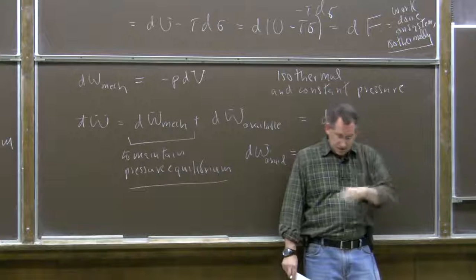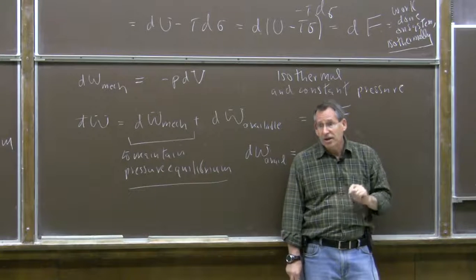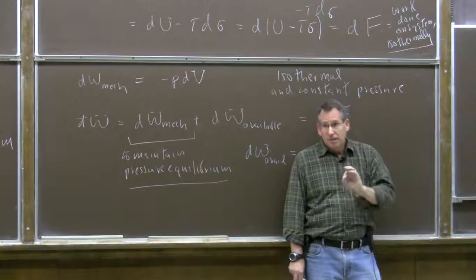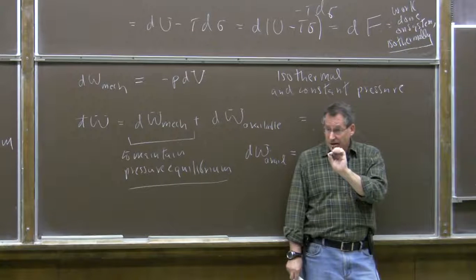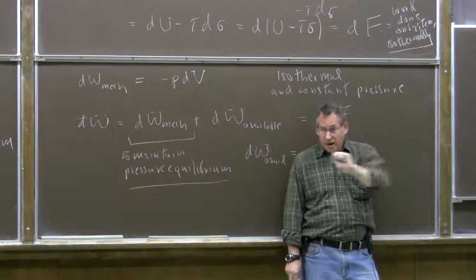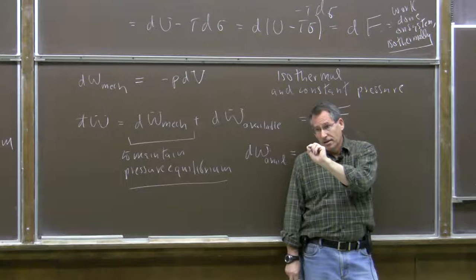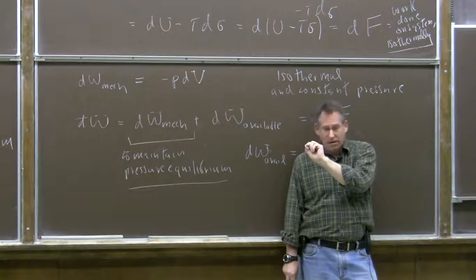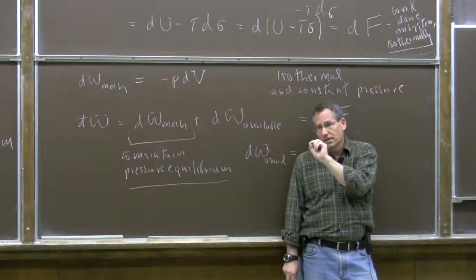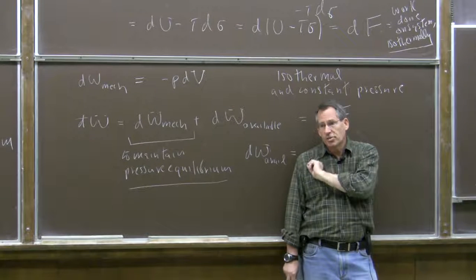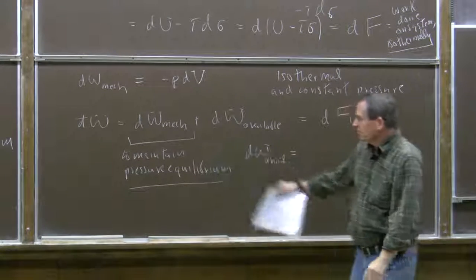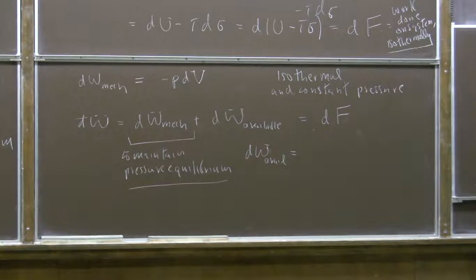And so the net work done in a closed cycle could be non-zero. But if I just stuck with an isothermal process where I kept the temperature fixed and I reversed it, then the work done, say during compression, would exactly be compensated by the work done by expansion. So the distinction isn't so important here.